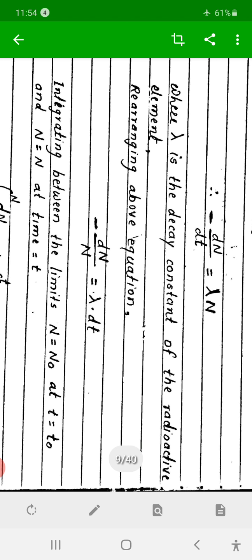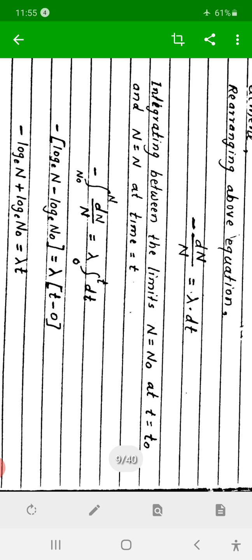Rearranging the above equation, we write minus dN by N is equal to lambda into dt. Then integrating this equation between limits N0 at time t0, that is the starting amount, the initial amount of radioactive substance when time is 0.